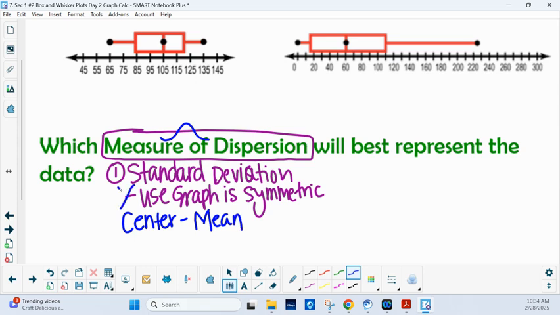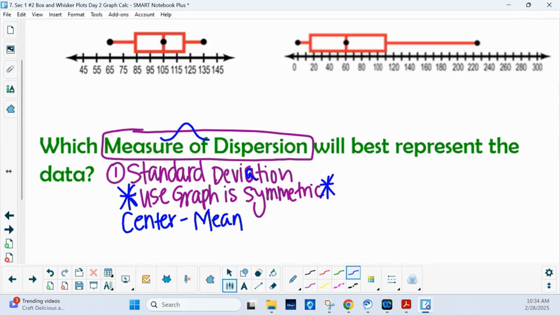So anytime your graph is symmetric, the mean is going to best represent its center because there's probably not outliers. And also the standard deviation is going to be the best measure of dispersion because it works on symmetric layouts. So they all go together. Mean goes with standard deviation.